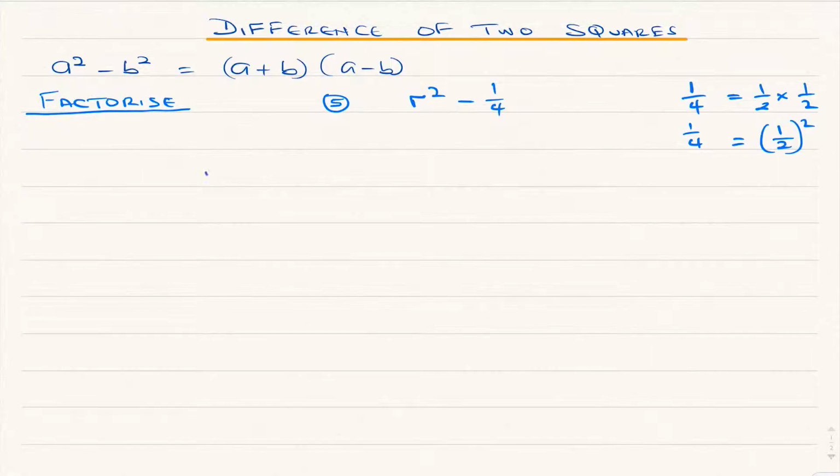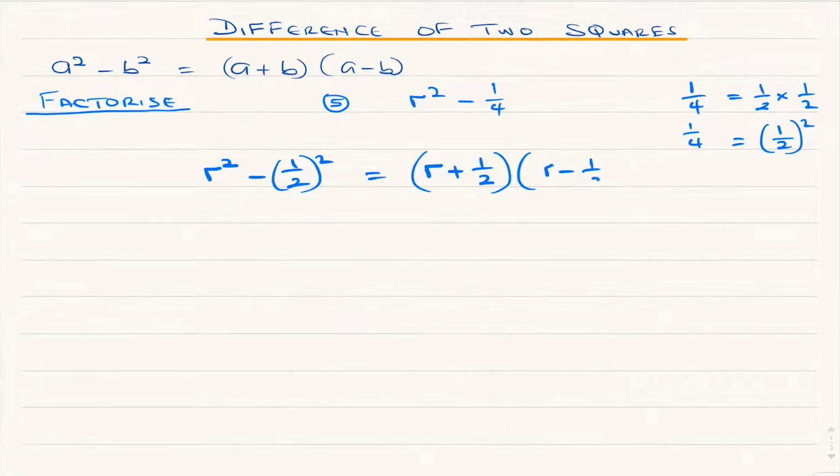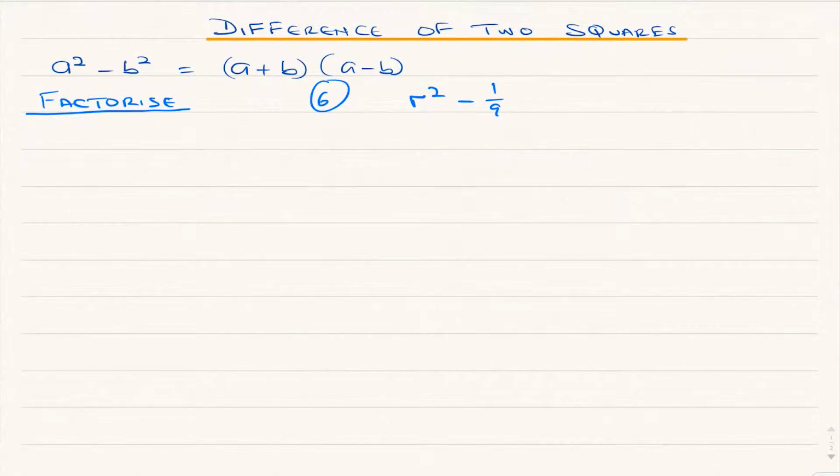That gives us r squared minus a half squared, which will become r plus a half times r minus a half. So that's the difference of two squares. Those are the factors. It has two factors because it's got r squared, and that's r plus a half and r minus a half.